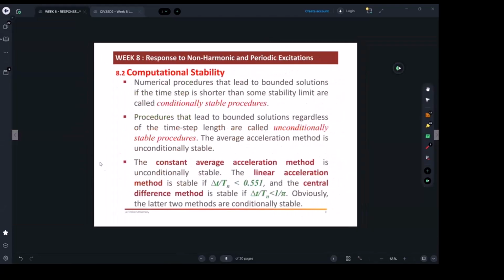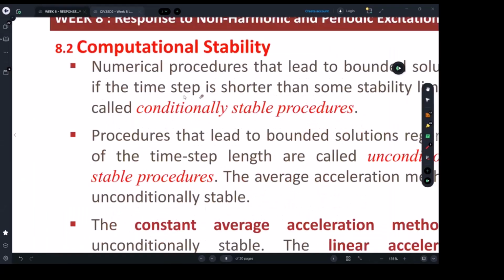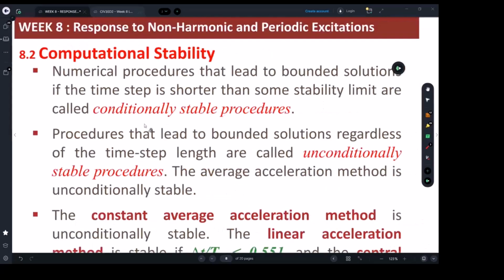So what are those conditions, or what do we mean by conditionally stable procedures? We have methods which are called conditionally stable procedures. They apply if we decide on a time step which is shorter than a specific limit.